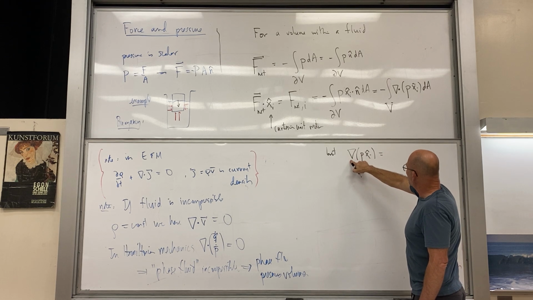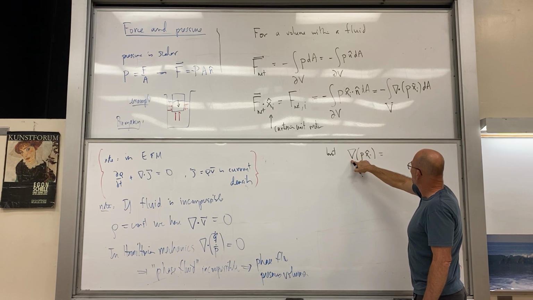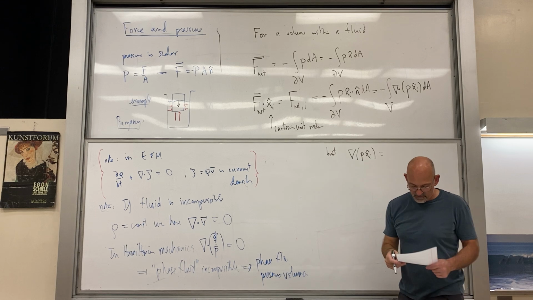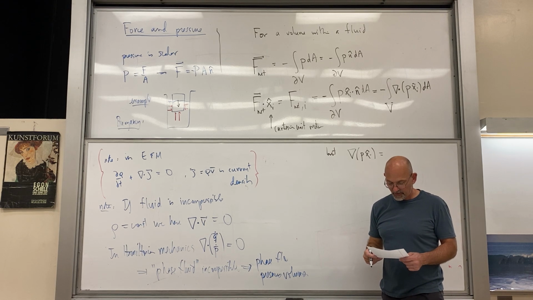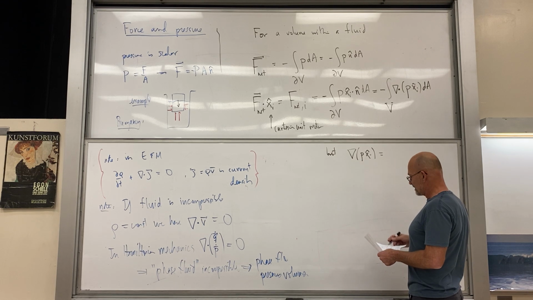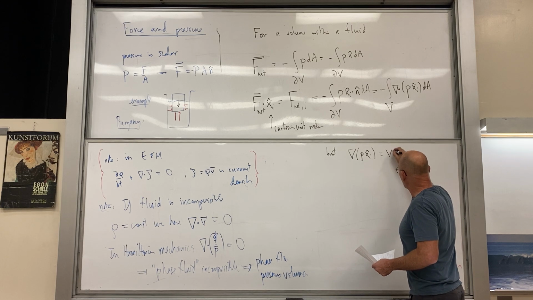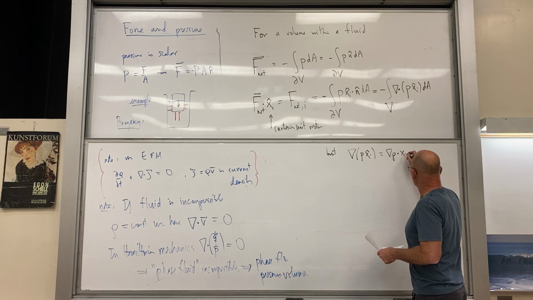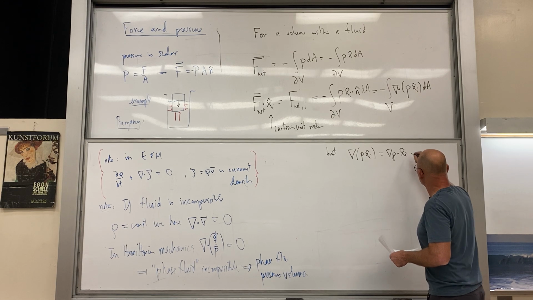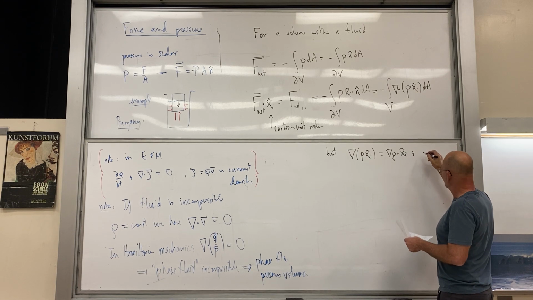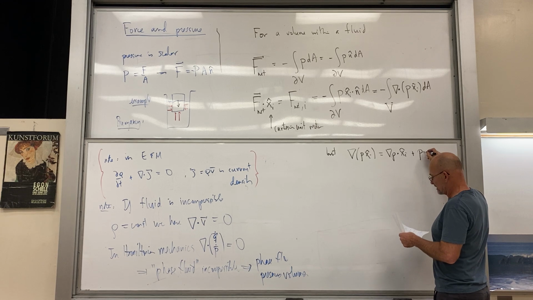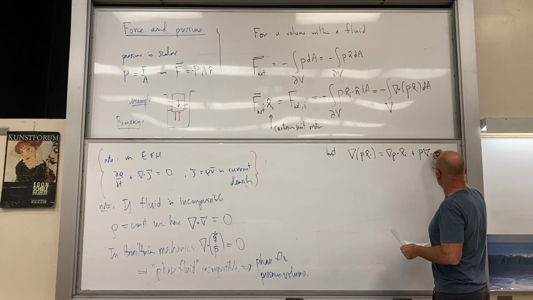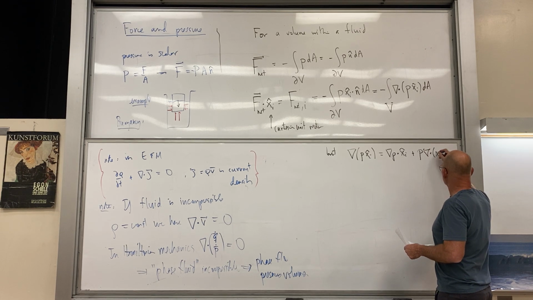So that's going to be grad P dot xi hat plus P times divergence of xi hat.